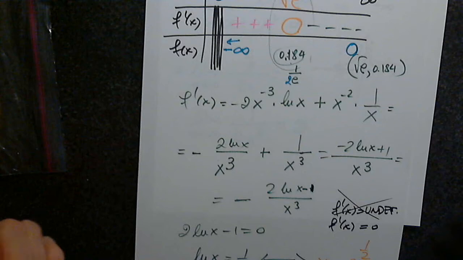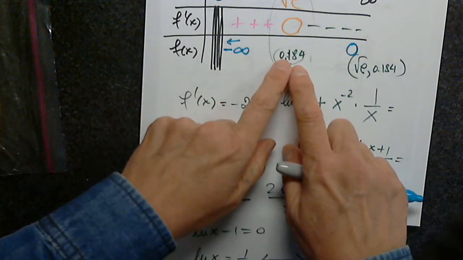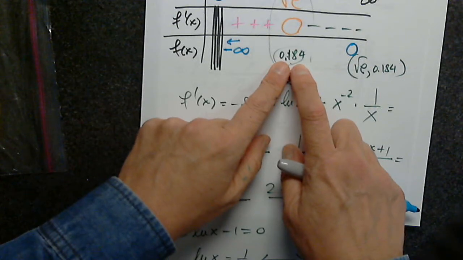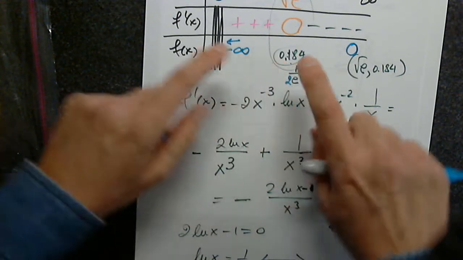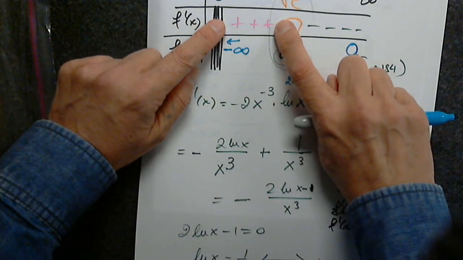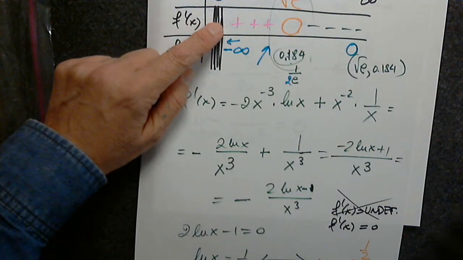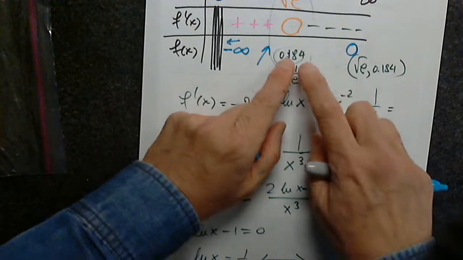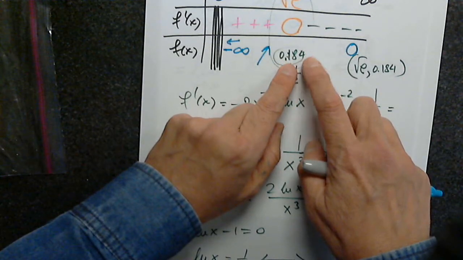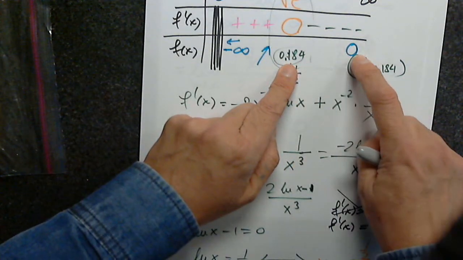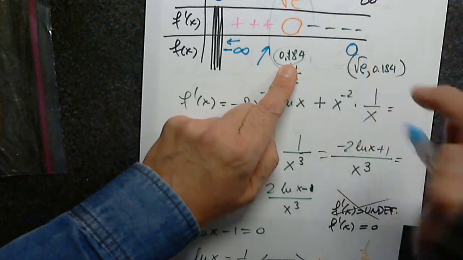okay, so now I'm ready to analyze. From negative infinity to 0.18, what does this function do? Is that supported by the sign of the first derivative? By the first derivative test. Okay, from positive 1.8, although tiny, to 0, what does this function do? Very good.